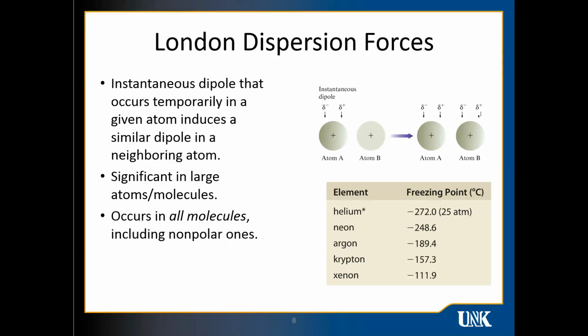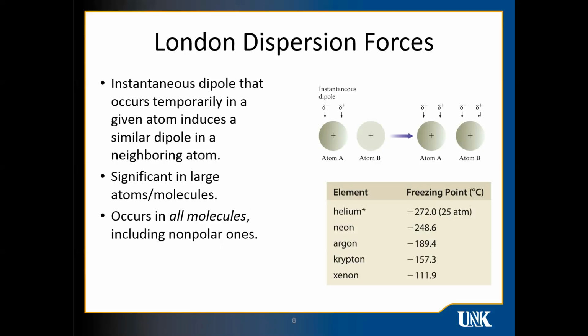What happens with every atom is that at a given instant in time, the electron distribution within an atom may suddenly go uneven, because electrons are constantly moving. On average, they'll be equally distributed around an atom, but in a given instant, there may be a temporary imbalance. When a temporary imbalance occurs, that can induce a shift in electron density in a neighboring atom, and this creates an attractive force.